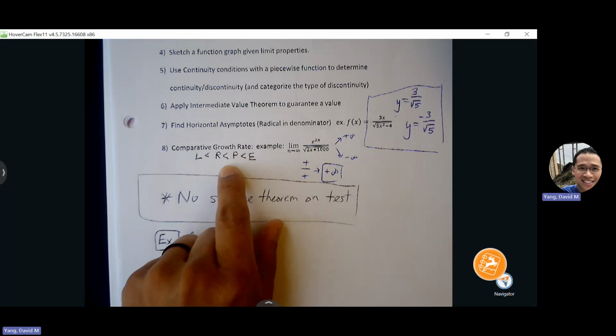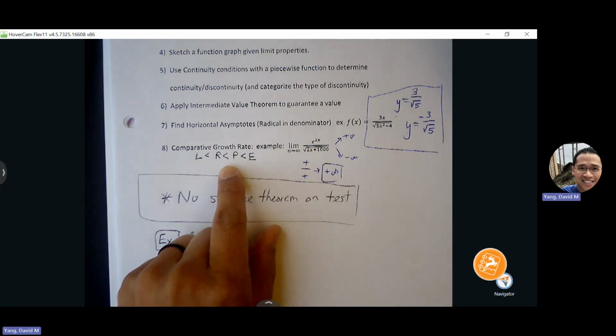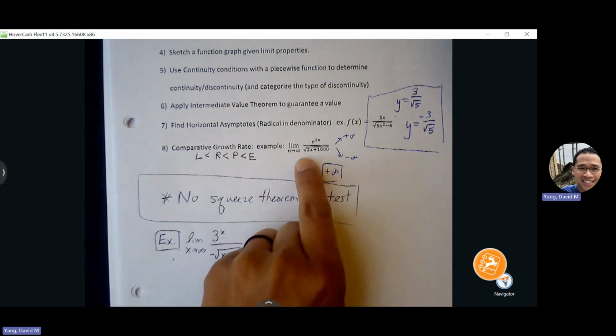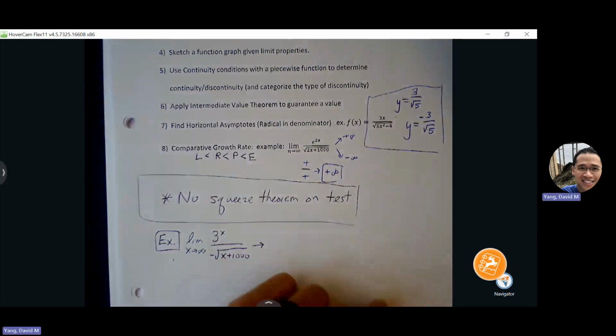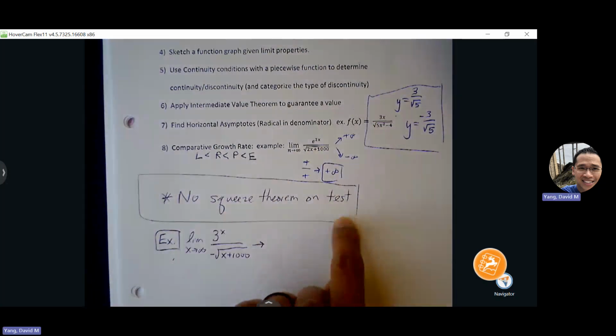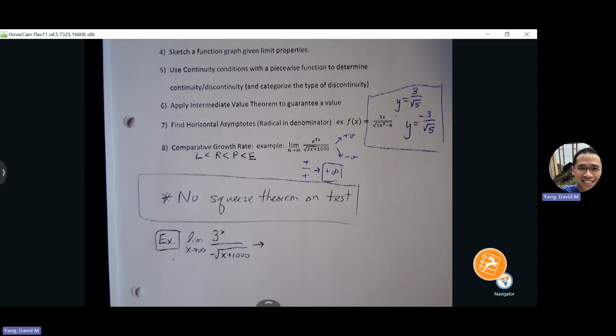If the slower is on top and the faster is below, your limit is always 0. But if your faster is on top and the bottom is slower, it's either plus or minus infinity, and then you test 100 to see which direction it's headed. And then finally, no squeeze theorem on the test. That was on your quiz, but I'm not going to put it on the test.